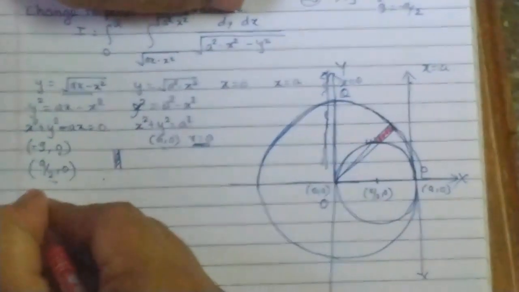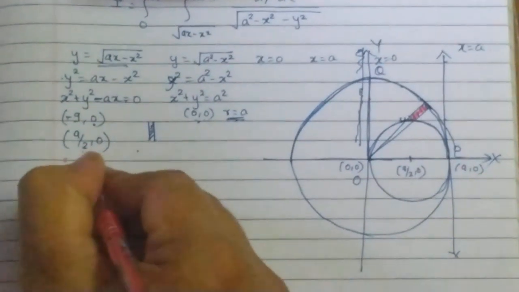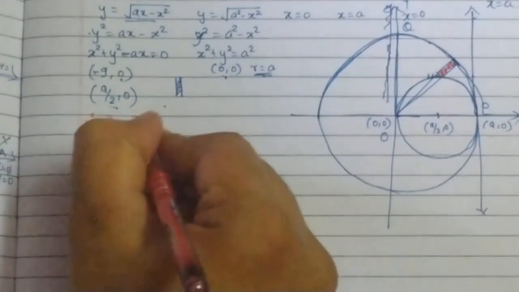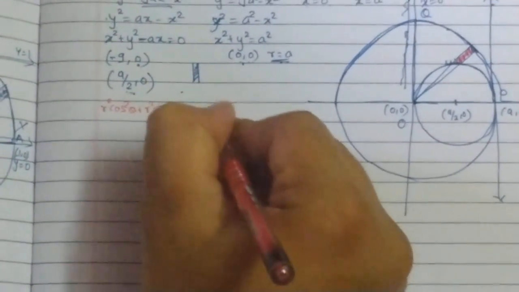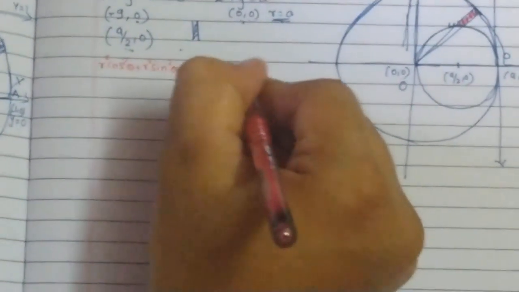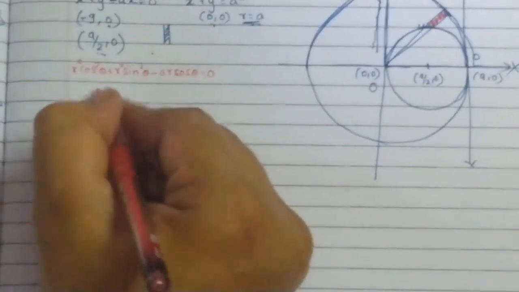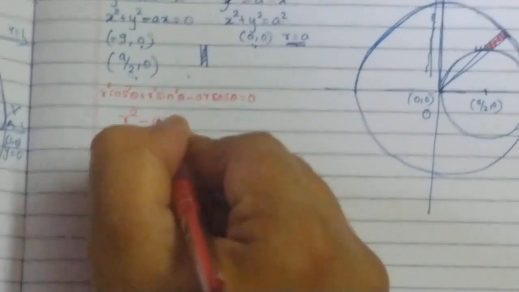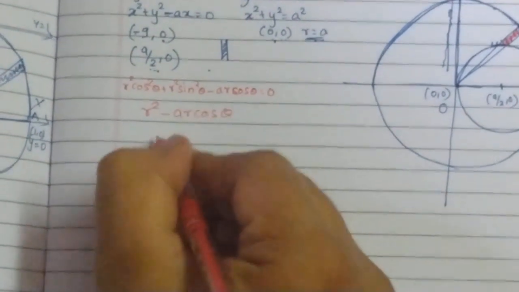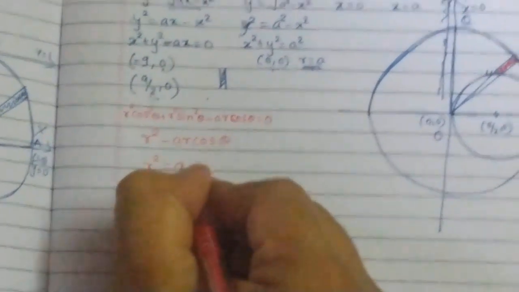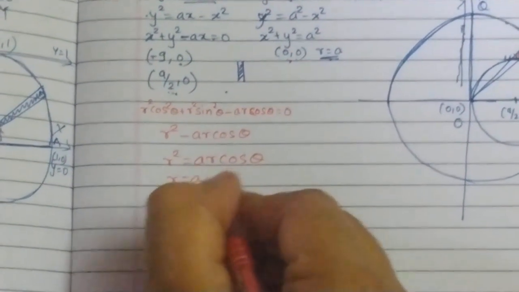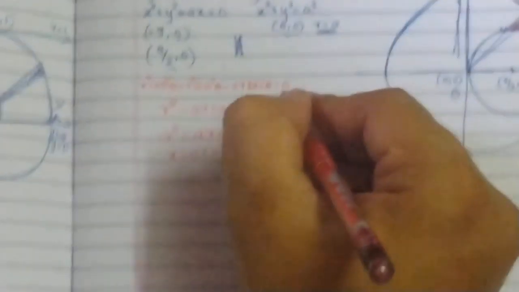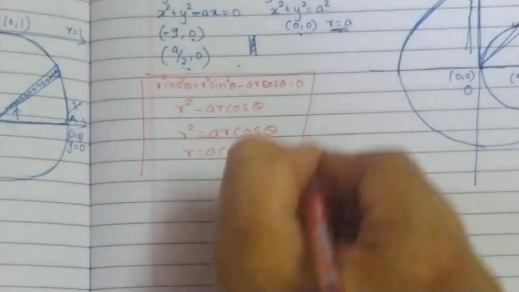So I am going to substitute here r square cos square theta plus r square sin square theta minus ar cos theta equal to 0. This gives r square minus ar cos theta equal to 0. Therefore r square is equal to ar cos theta. We can cancel r from both sides, so r is equal to a cos theta is the polar equation of this circle.